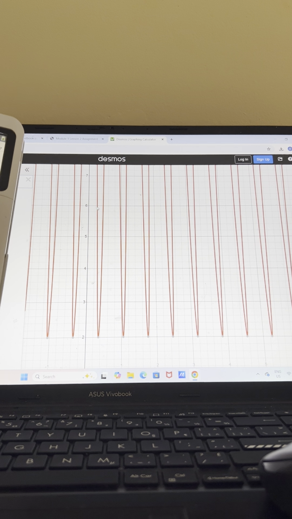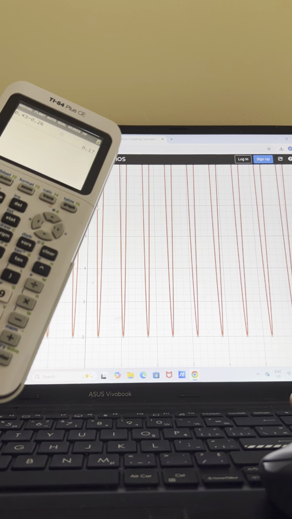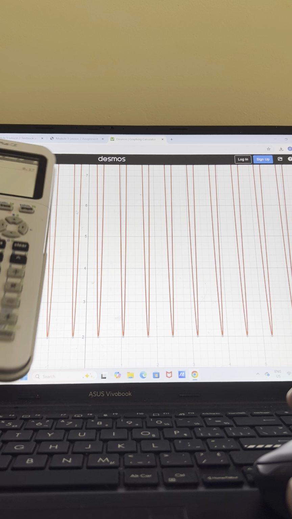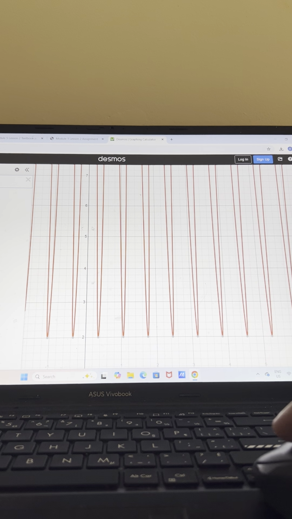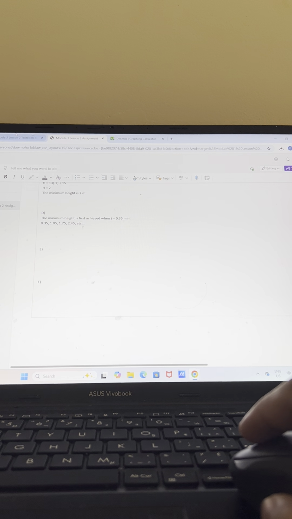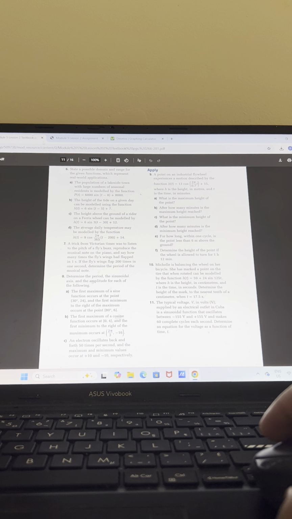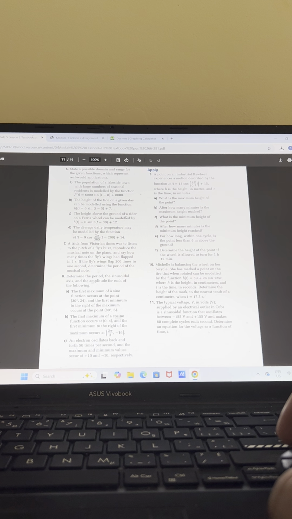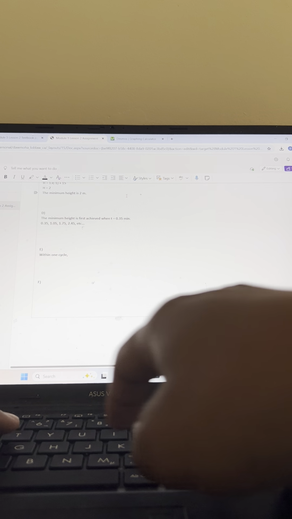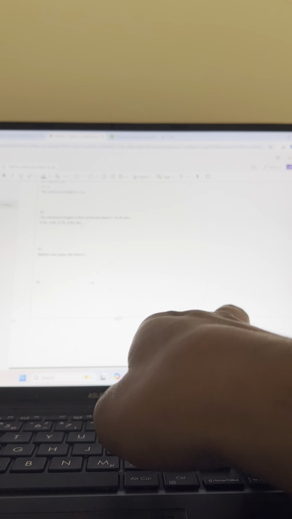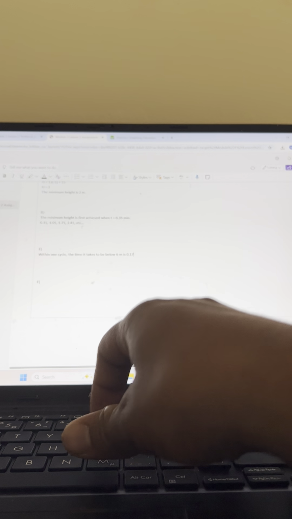Our answer is going to be around 0.17. This is our approximate answer. So within one cycle, the time it takes to be below 6 meters is 0.17 minutes.